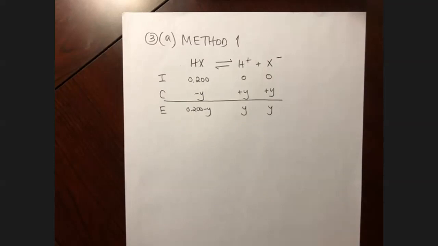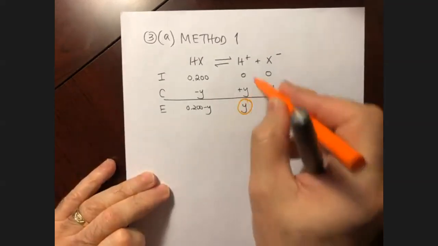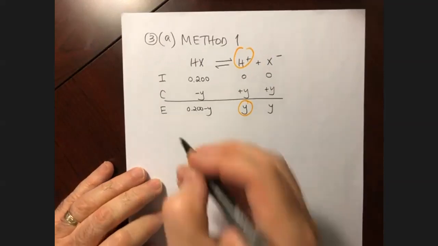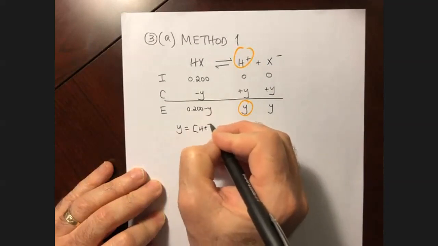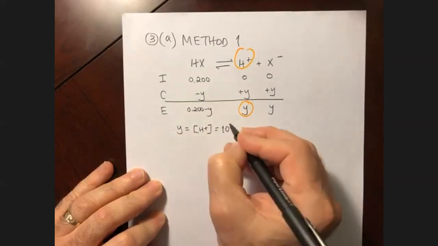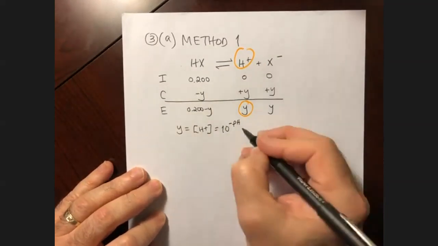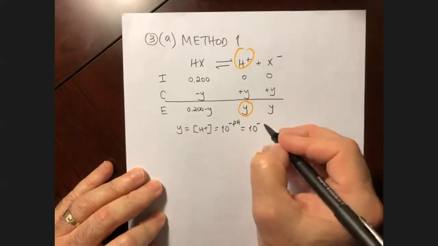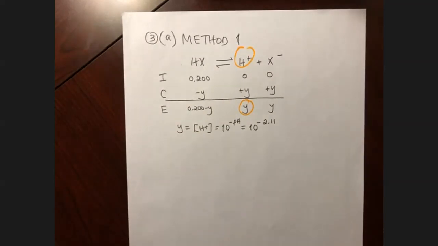Now, the thing here is that we know that Y is the concentration of hydrogen ions, right? So that means that we can say that would be 10 to the negative of the pH. In other words, 10 to the negative of 2.11, right?